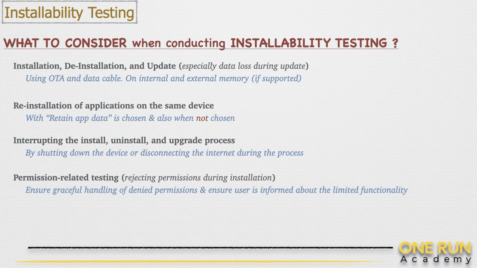Also, the app should inform users about the limited functionality they might face due to the denied permissions. For example, if a navigation application can't access the location because the user denied the GPS access, it should notify you that it can't provide directions unless you enable them.